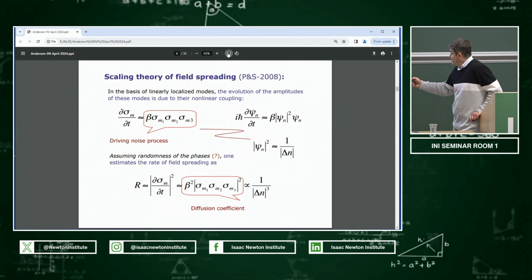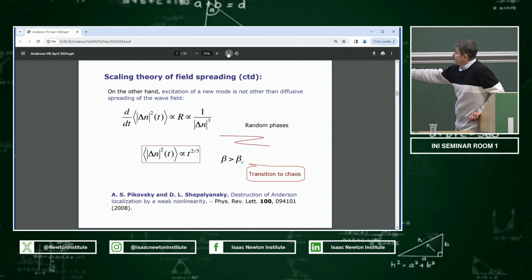On the other hand, because there is normalization for psi squared, which goes with the number of states as 1 over delta n, this term behaves like 1 over delta n cubed. So Pikovsky suggested that d/dt of delta n squared, the rate of field spreading, is 1 over delta n cubed. From this, by scaling, you basically obtain this scaling law.